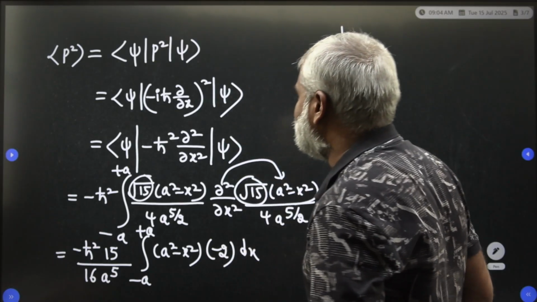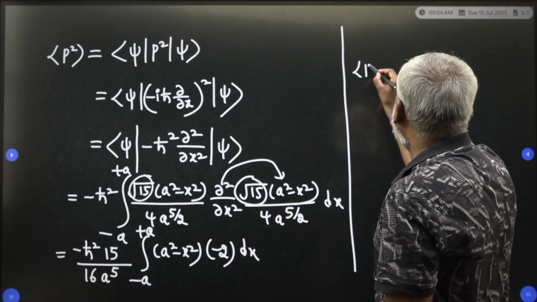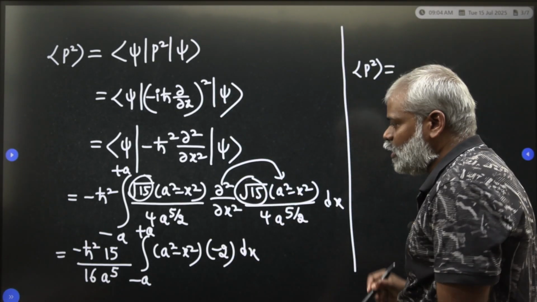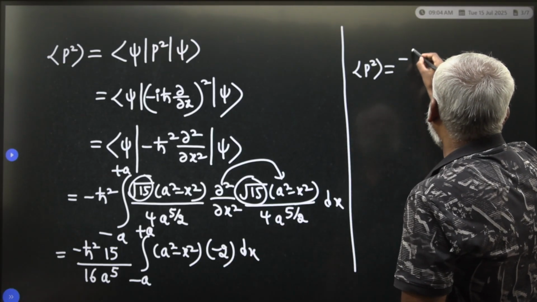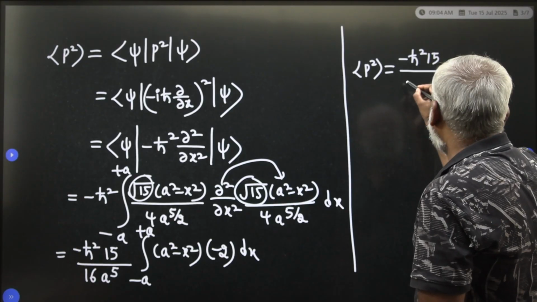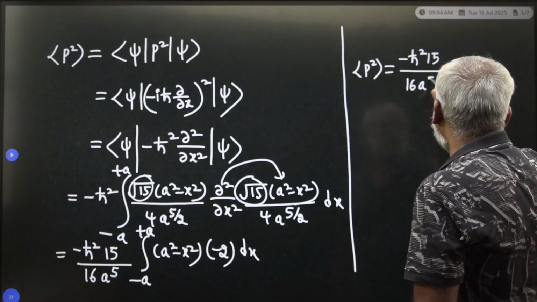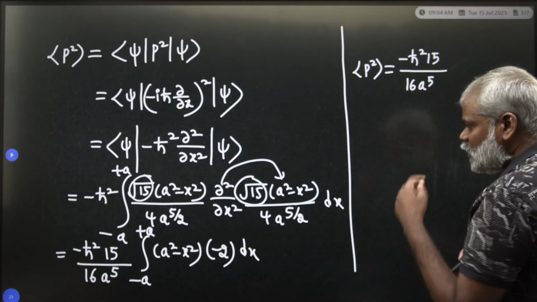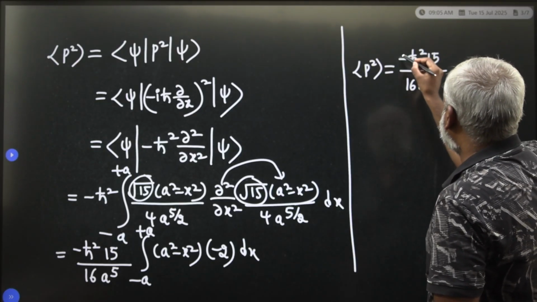Now, you have to write the expectation value of p square is equal to minus ħ square divided by 16 a to the power of 5 into integral, so minus into minus plus.